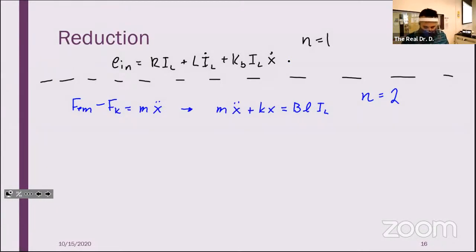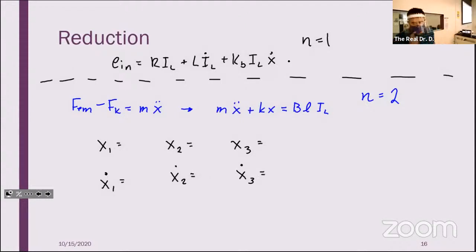So let's define some state variables, since we need 3. What do you guys think?